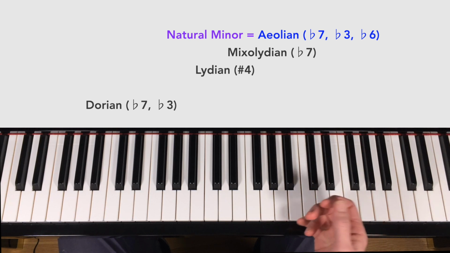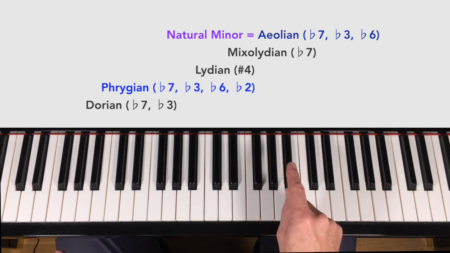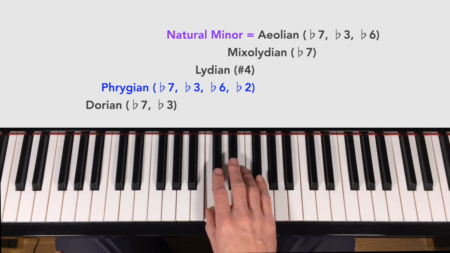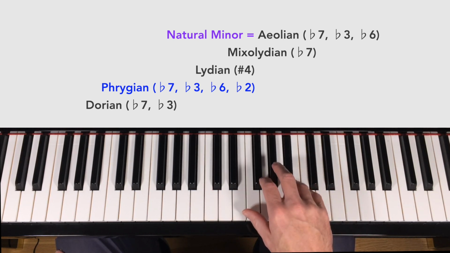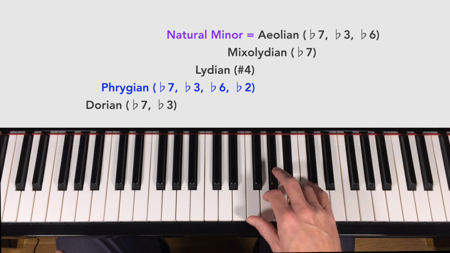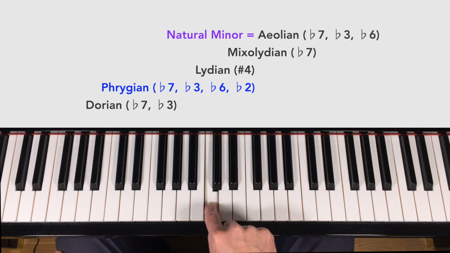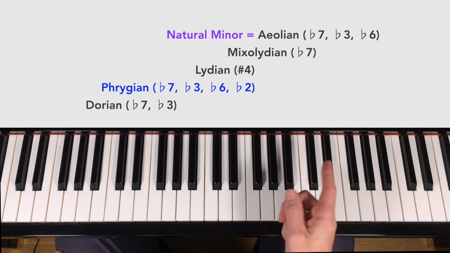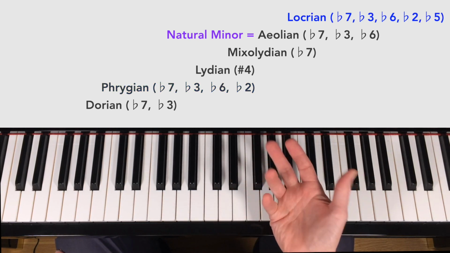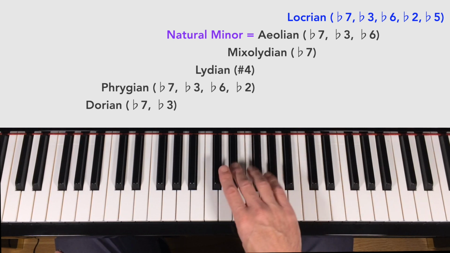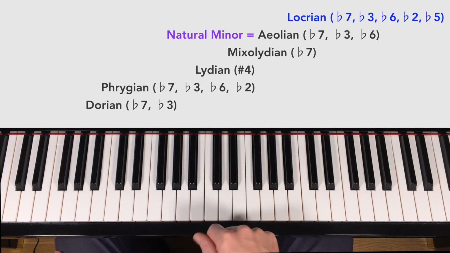It's the same thing. If I flatten the seventh, the third, the sixth, and the second, I've got the Phrygian. If I flatten, you're seeing the pattern, seventh, third, sixth, second, and fifth, I have the Locrian.